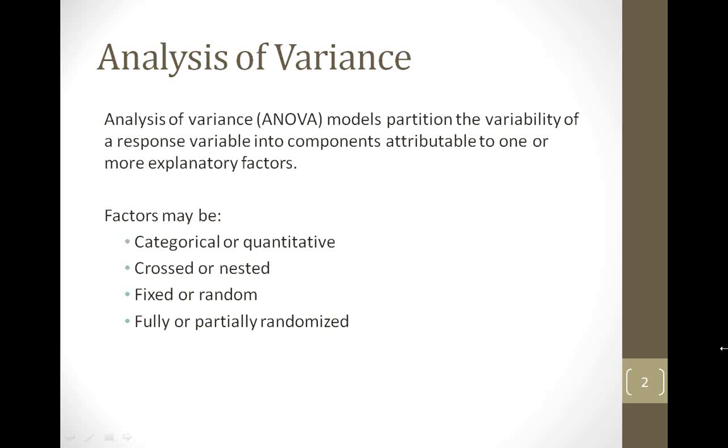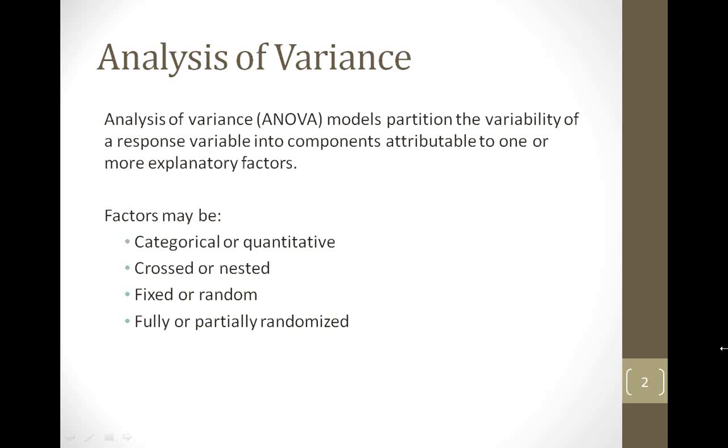The factors in analysis of variance can also be crossed or nested. Probably most of the experimental designs you're familiar with are designs in which the factors are crossed. If the factors are crossed, it means we have several factors and we run experiments or collect data at different combinations of those factors. All combinations, for example, if you're doing a full factorial design.